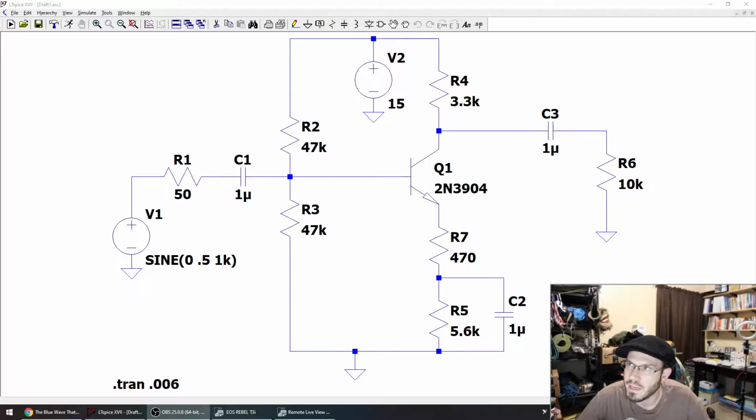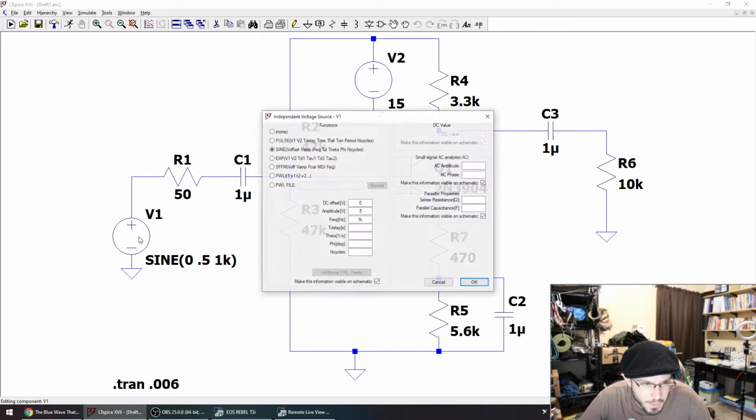Let's talk about the signal that you're applying to the input of this amplifier. It's this sine wave over here. Sorry, I had my pointer on the wrong screen. So we're just using a regular voltage source. We set it up to be a sine wave. We have 0 for the DC offset.